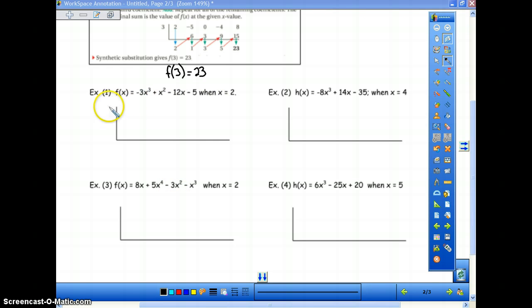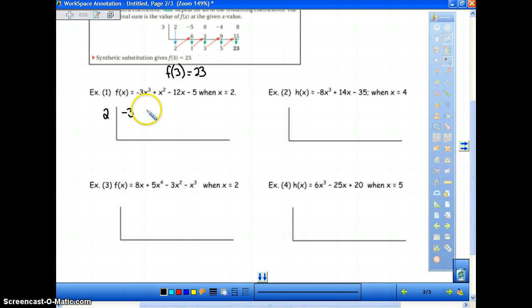So x is 2, so we're going to put a 2 here. We start putting our coefficients: -3, +1, -12, and -5.